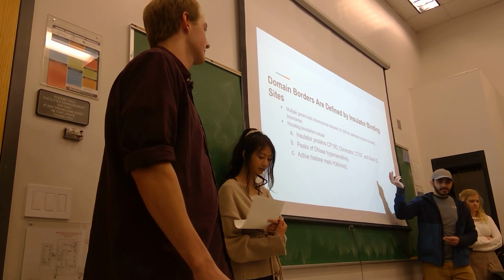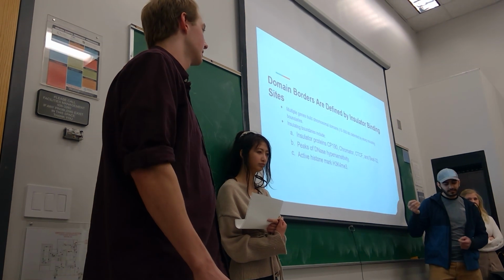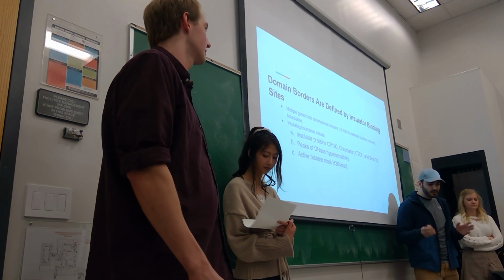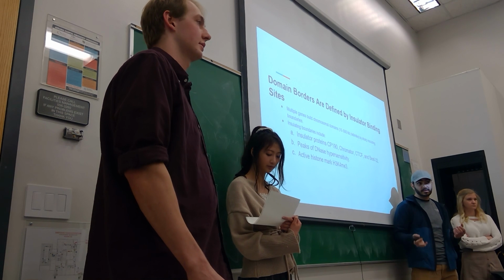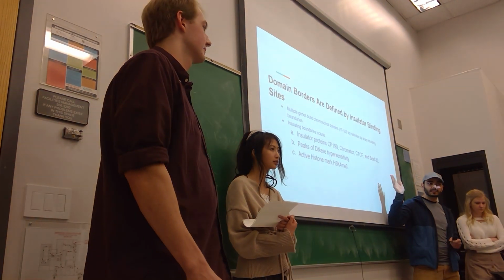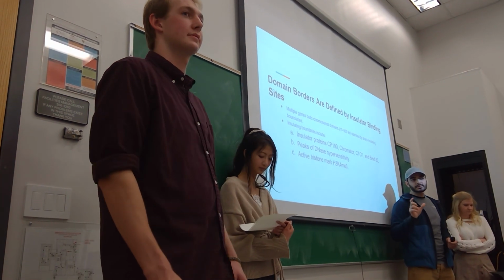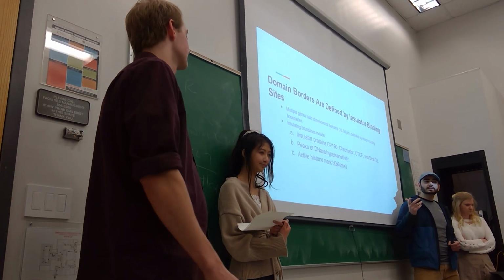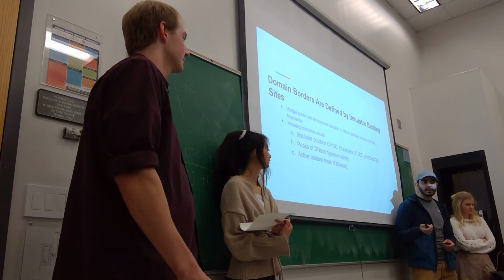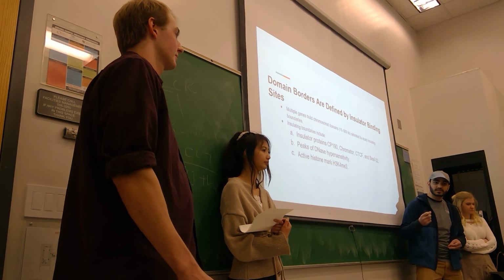So again, as we talked about in the lecture, the DNA, similar to protein, is divided into domains. Each domain has its own function, and insulators or boundaries divide the genome into several domains that vary from 10 to 500 kilobase pairs. Each domain has its own function and conformation.